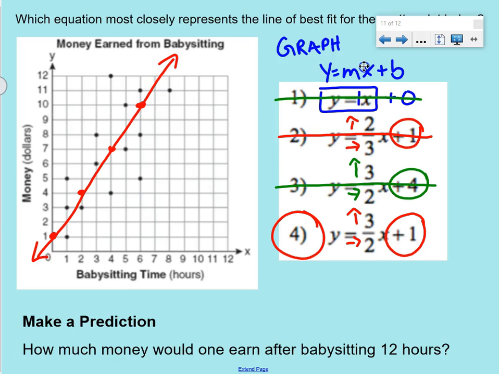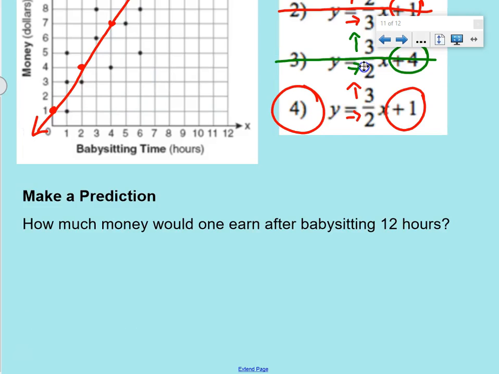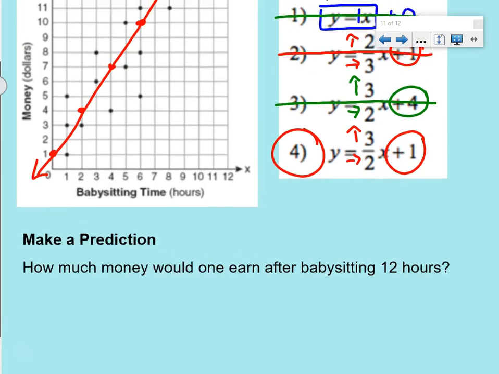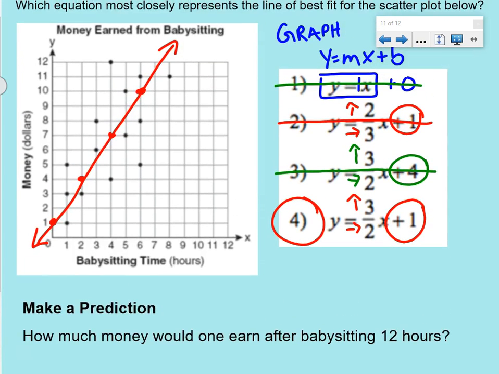So now we want to use that equation. The whole point of that equation is so we can use it to make these predictions. How much money would one earn after babysitting 12 hours? Well, let's look. In our graph, money right here is on the y-axis.